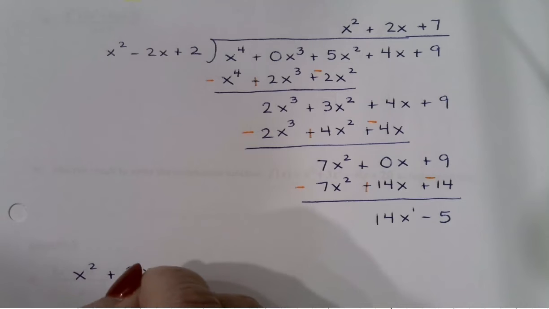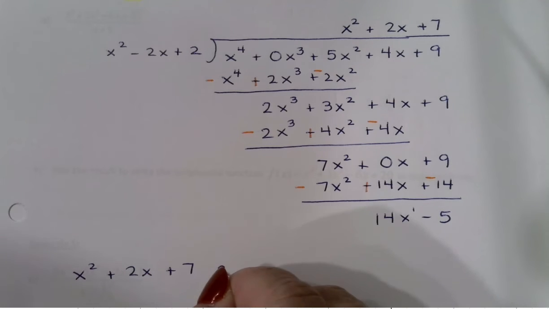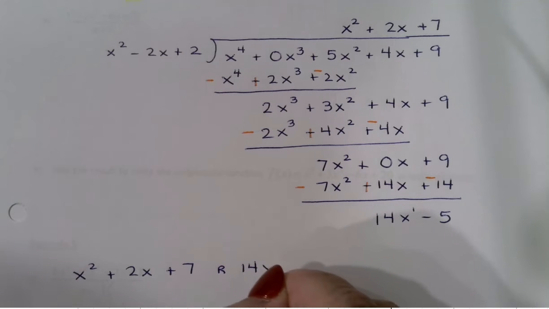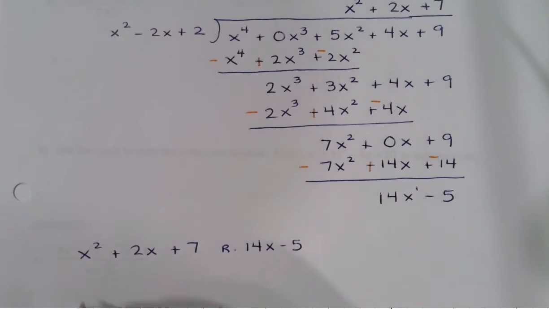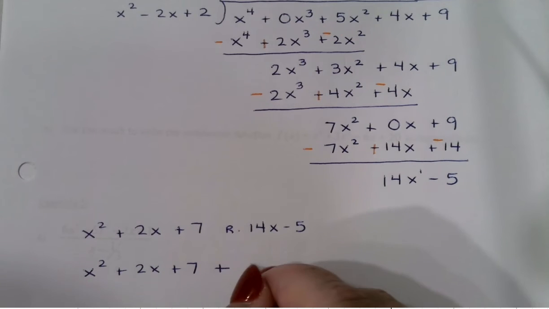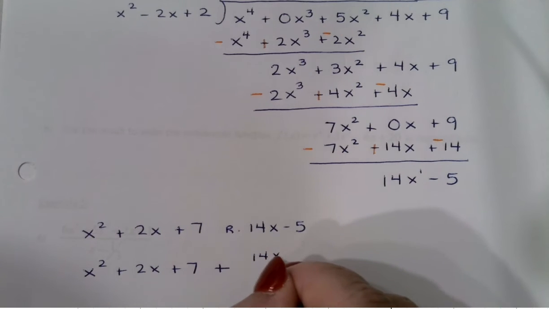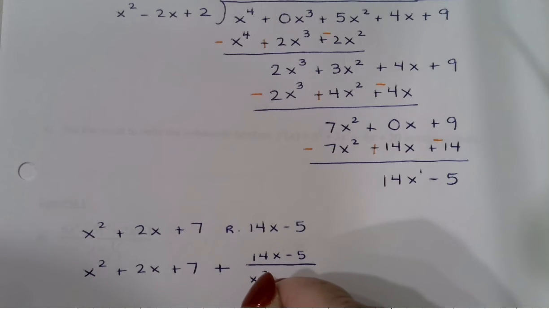The division quotient was x squared plus 2x plus 7, with a remainder of 14x minus 5. But algebraically, I would probably want to write that as x squared plus 2x plus 7 plus 14x minus 5 over x squared minus 2x plus 2.